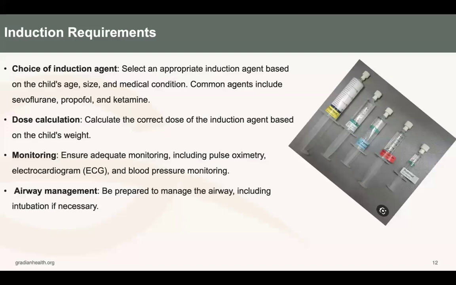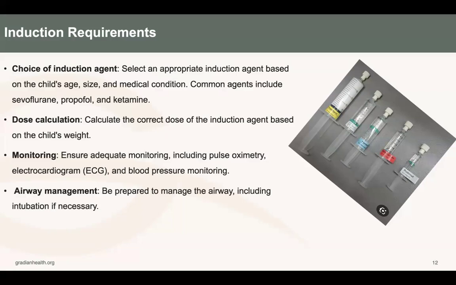The most commonly used are propofol, which is an IV drug, and sevoflurane, which is the inhalational drug, the gas.